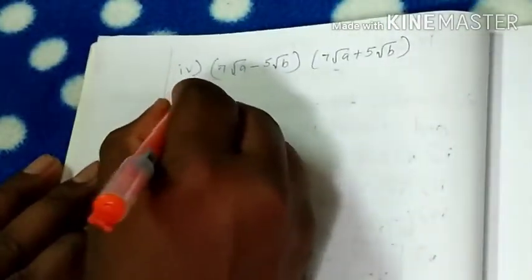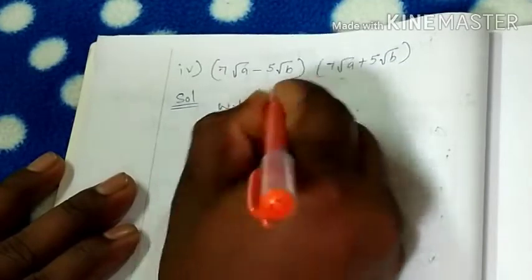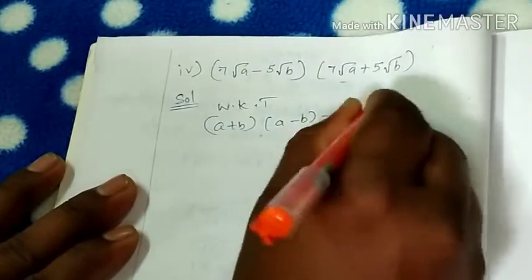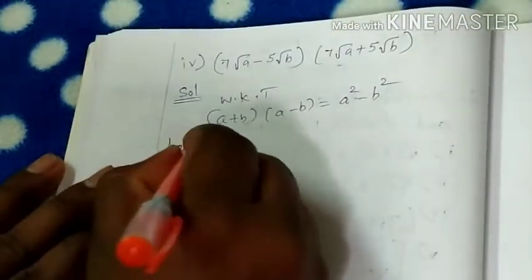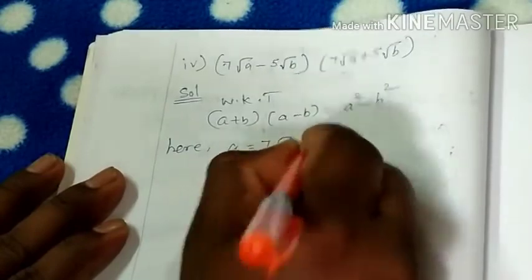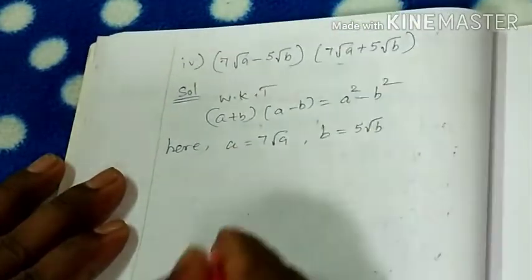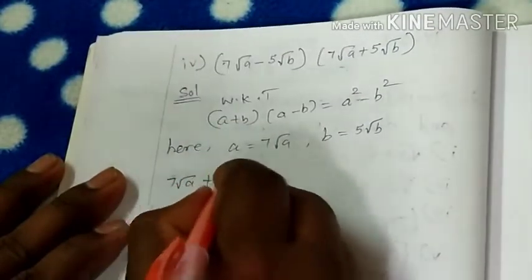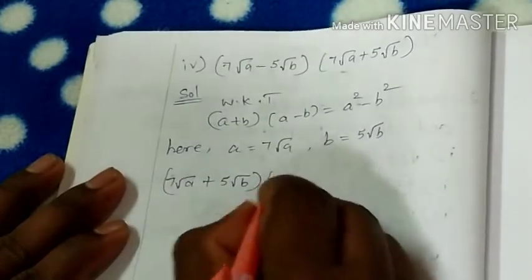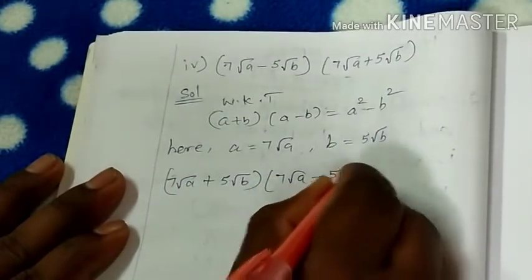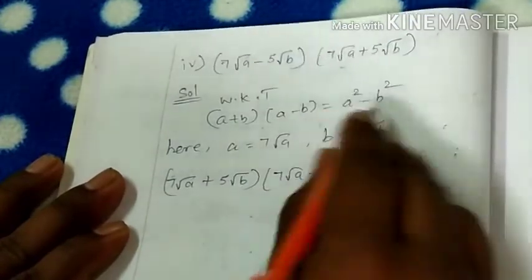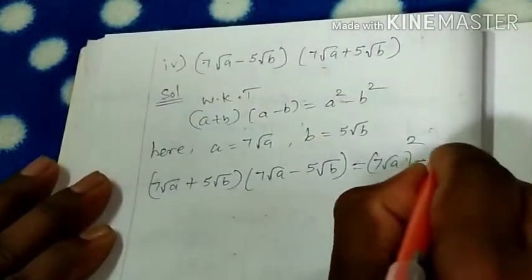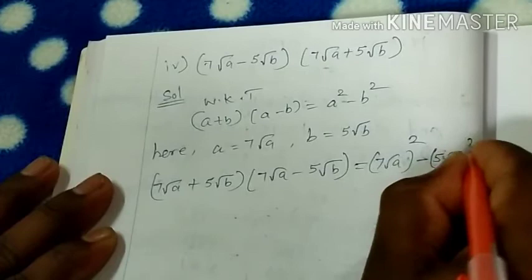The solution: we know that (a plus b)(a minus b) equals a square minus b square. Here a is equal to 7 into root a, b is equal to 5 into root b. Applying here, a square is 7 into root a the whole square, minus 5 into root b the whole square.